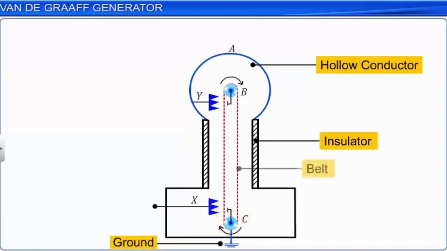A belt of insulating material such as silk or rubber passes over the pulleys. As the pulleys move continuously, the belt also moves continuously.